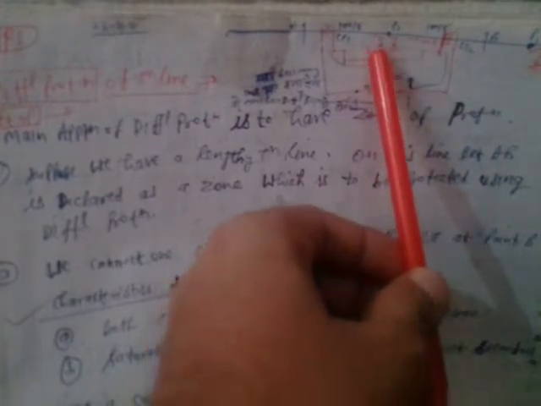Now case number 3 that we have taken is a fault which is internal to this protected zone AB. That means at point P2 a fault occurs with a fault current of 1000 ampere. Out of 1000 ampere, suppose 900 ampere goes to the ground at the fault point and only 100 ampere goes to the load.